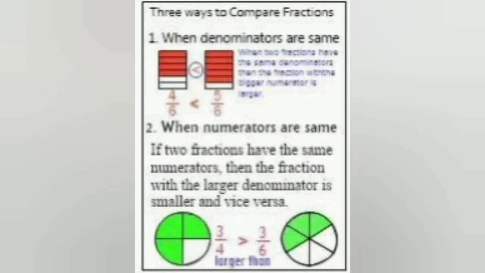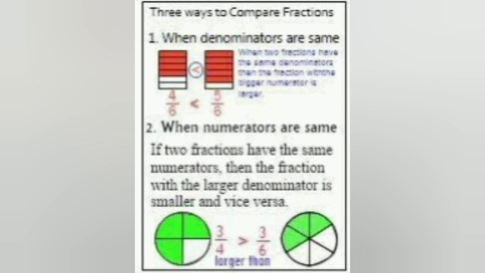Last class we learned comparing fractions, isn't it? Can you say what is comparing fractions? How can you compare? Yes, fractions may be compared in 2 ways, isn't it? First one is change them into equivalent and like fractions with the same denominator and then compare the numerators.